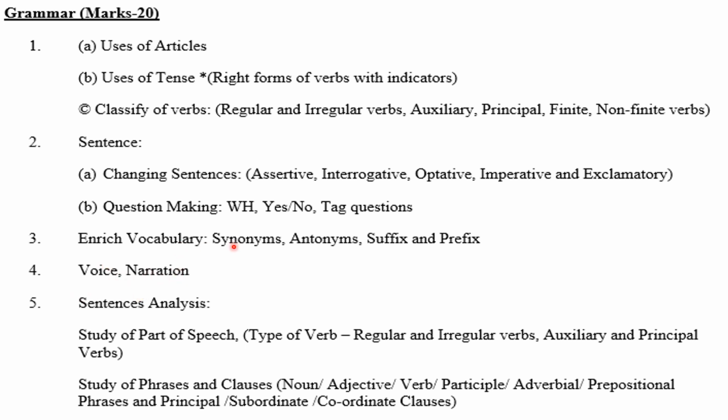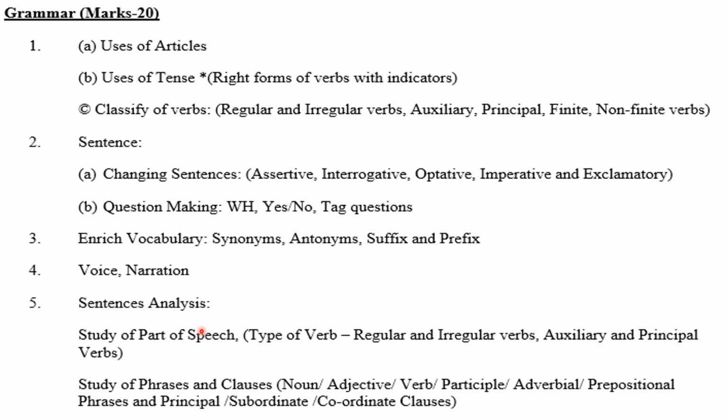Number five, sentence analysis. What is sentence analysis? Analysis means to explain or give the name of different parts of sentences, especially the study of parts of speech. You have to know what a part of speech is and how many types of parts of speech there are, especially noun, pronoun, adjective, verb, adverb, preposition, conjunction, interjection.